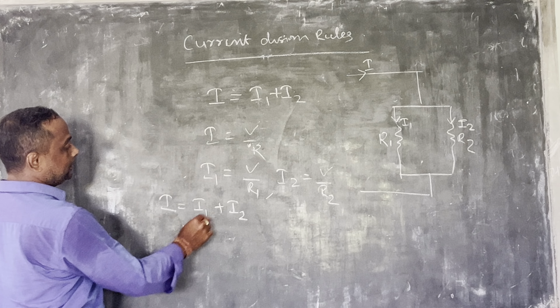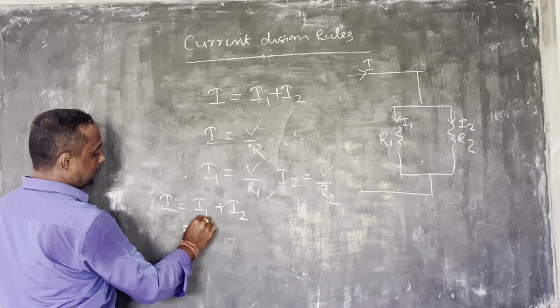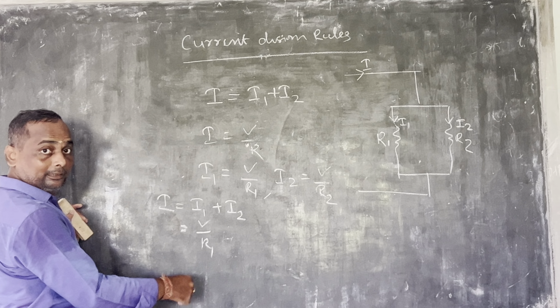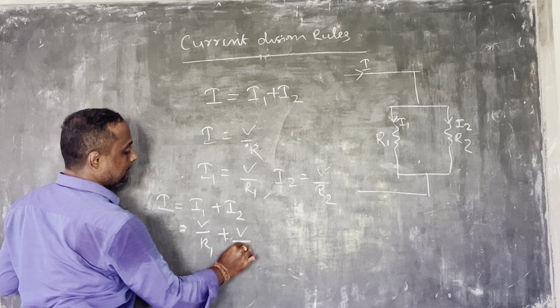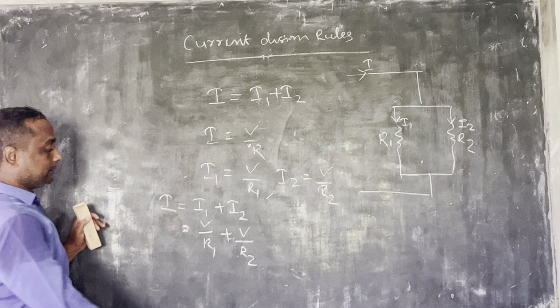Then the total current I is the sum of I1 plus I2. Put the value of I1, that is V by R1. Similarly, put the value of I2, that is V by R2. Clear?